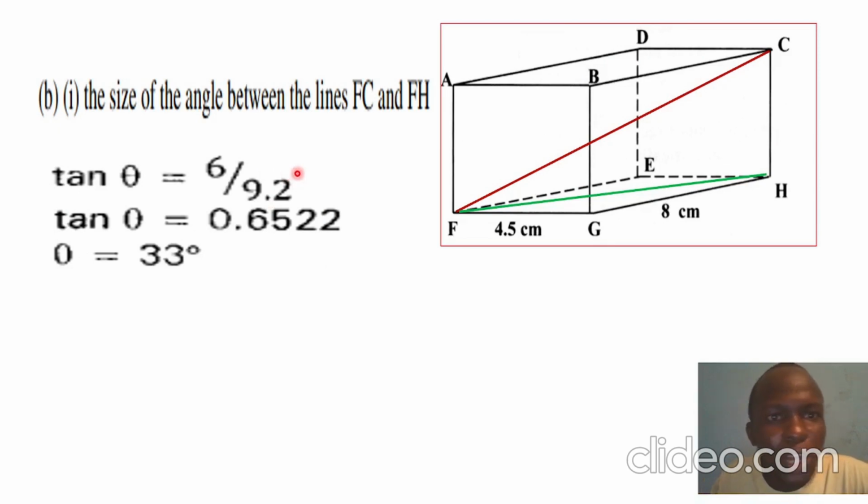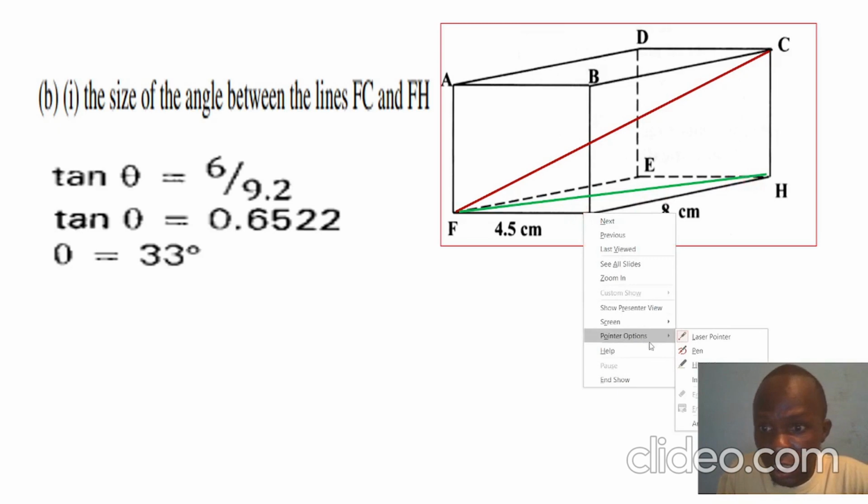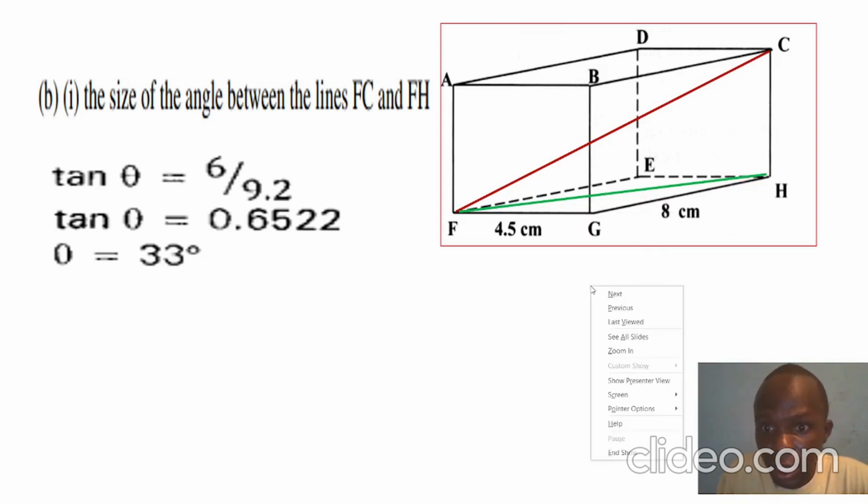Find the size of the angle between lines FC and FH. This is line FC, the line whose length has already been determined, and line FH. So we ought to find this particular angle. Let me highlight the angle in the diagram.